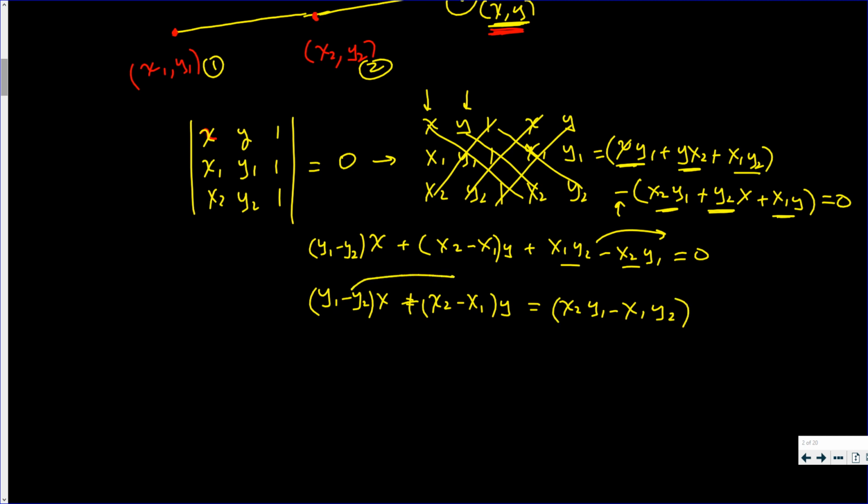So I have this left. x2 minus x1 times y is equal to, when I bring this over, it becomes negative, so I'll distribute the negative. I get y2 minus y1 times x plus this constant, x2, y1 minus x1, y2.